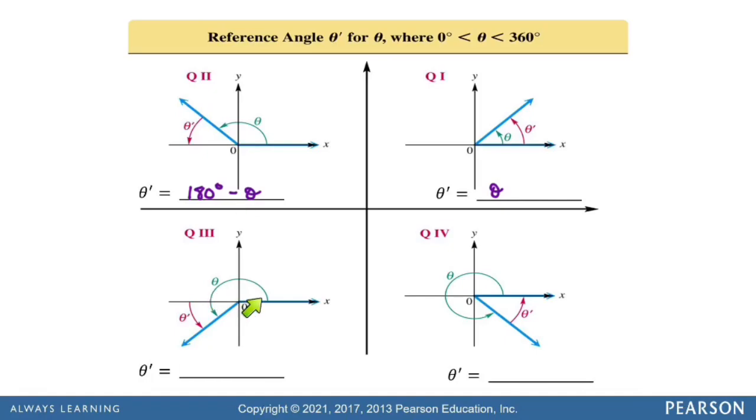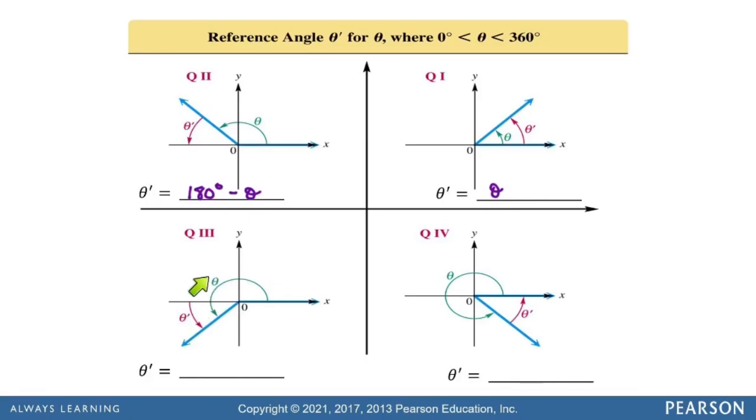In quadrant 3, we've already done this, so you'll be familiar with it, but your standard position angle theta goes past the negative x-axis, and so theta is bigger than 180. Here's our reference angle between the terminal side of the angle and the nearest horizontal axis. So this is our reference angle theta prime. And so you can see here that in order to find this little slice, we need to know the difference between theta and 180.